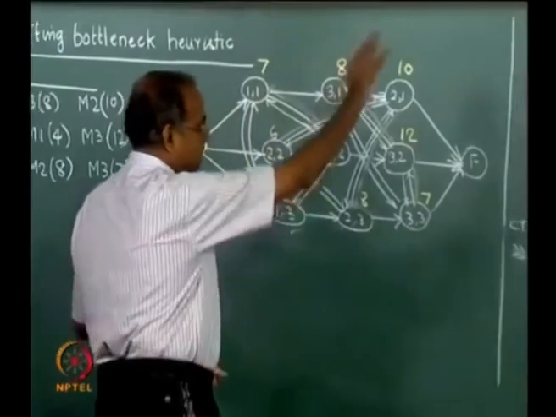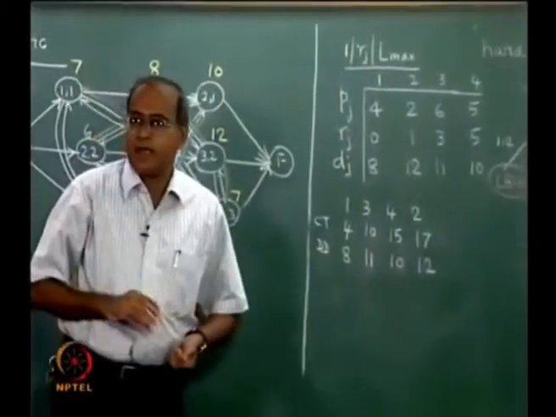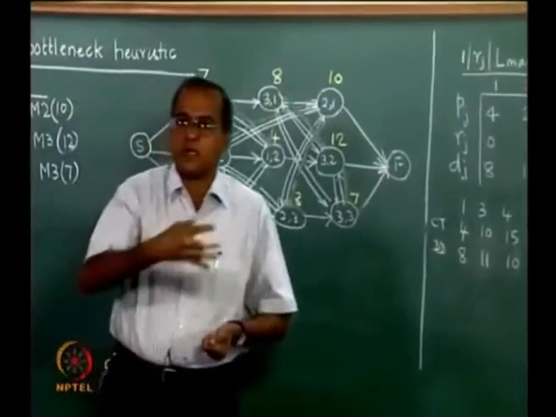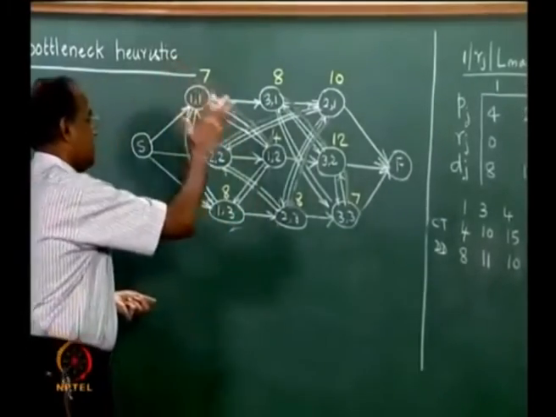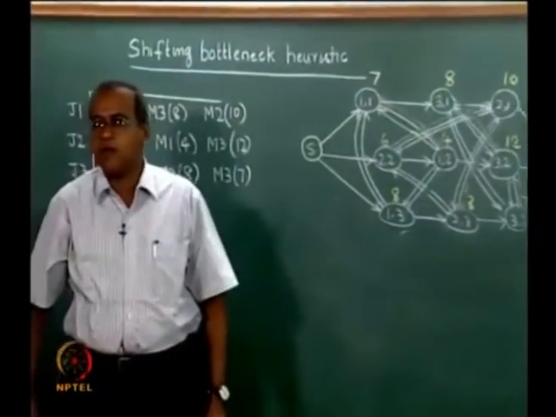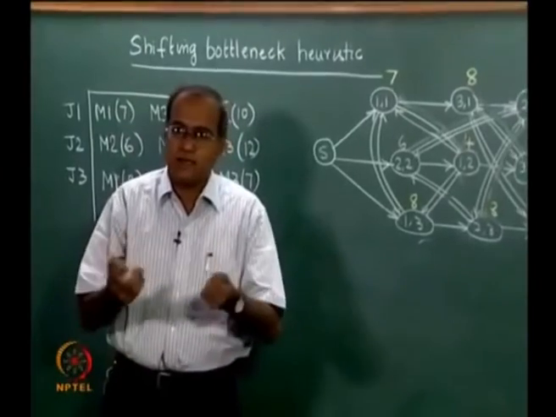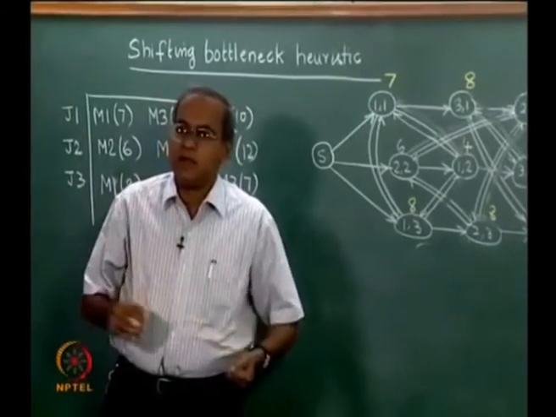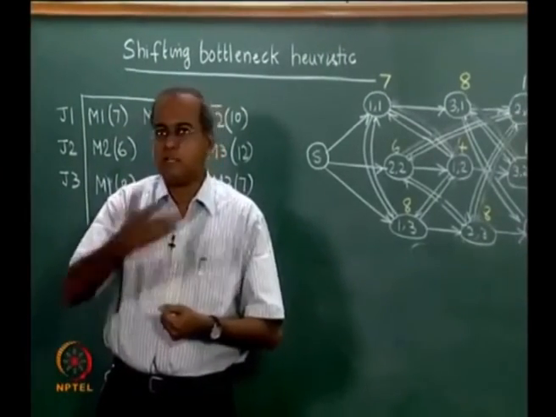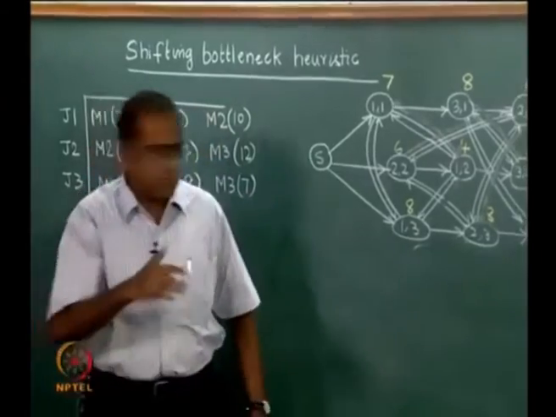Now, we have seen the 1 r_j L max problem, and now we have to go back and use this 1 r_j L max on the job shop scheduling problem, so that we get a good schedule at the end of the application of the shifting bottleneck heuristic. We will do that right now.